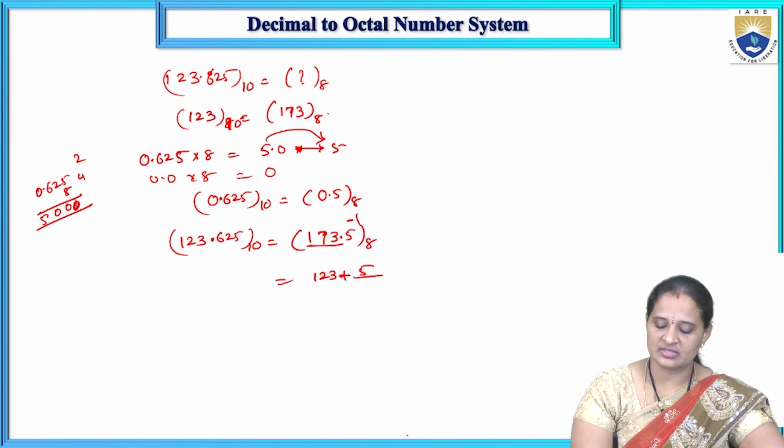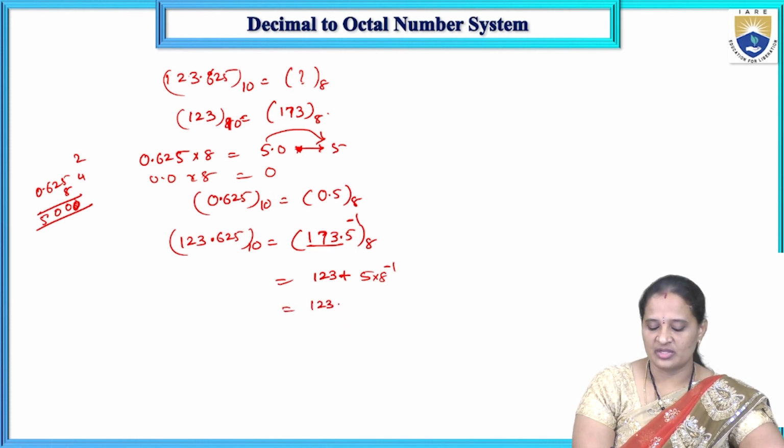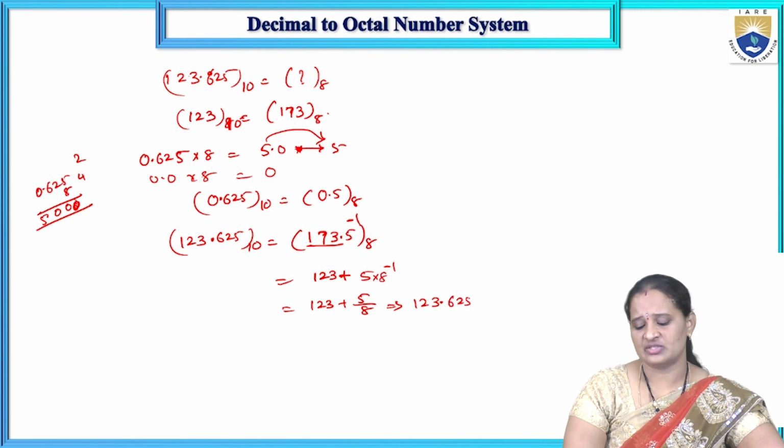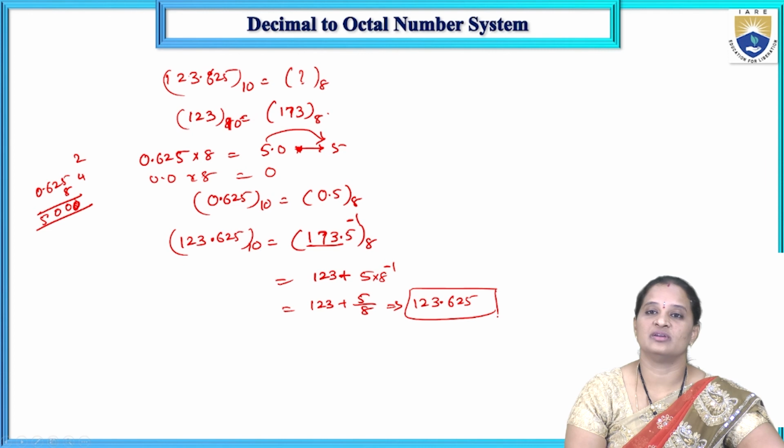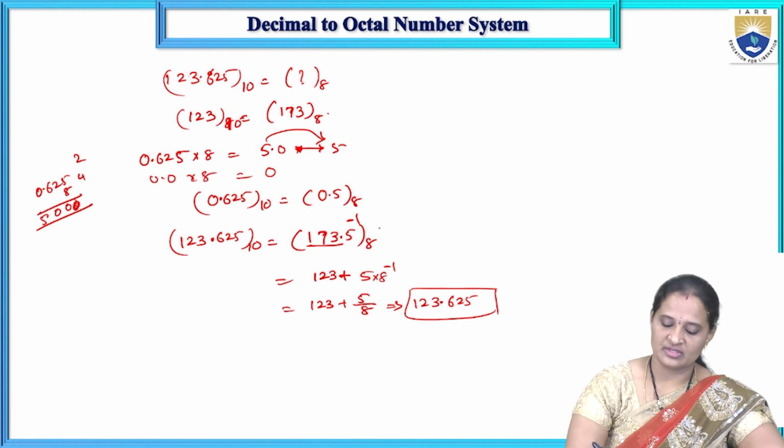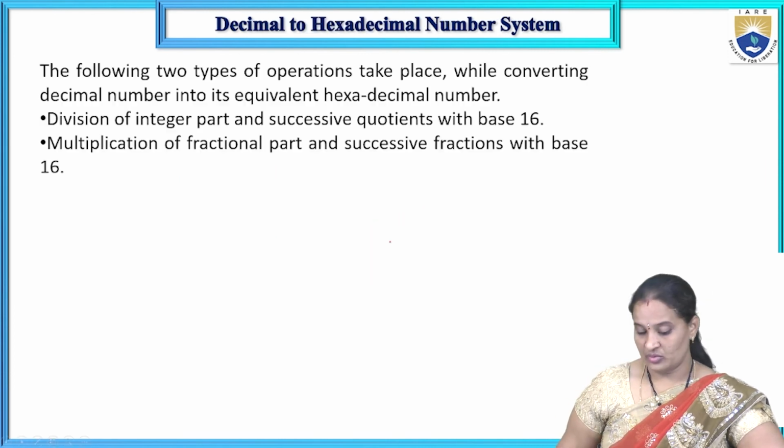So minus 1 means I can write it as 5 into 8 to the power of minus 1. That is 1 by 8. Okay. 123 plus 5 by 8. Then I will get 123.625. This is the answer here. So that means whatever we have got is correct.